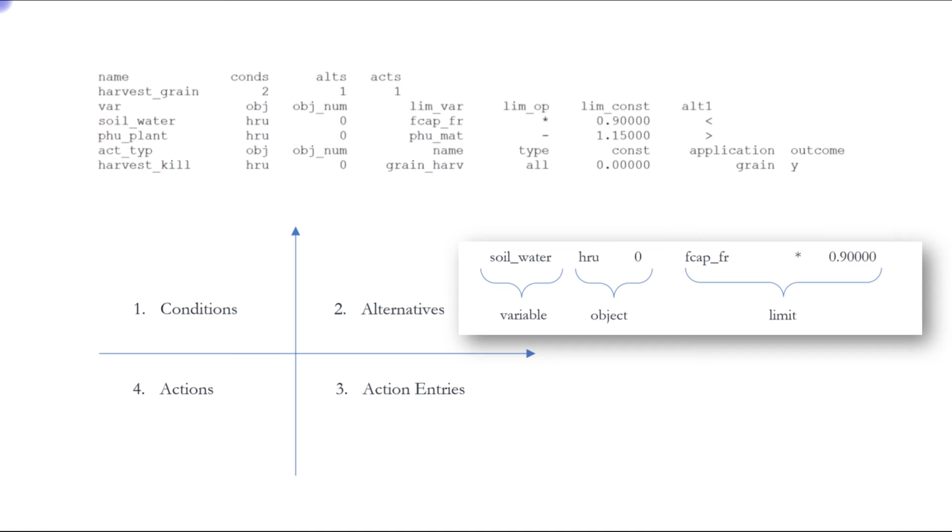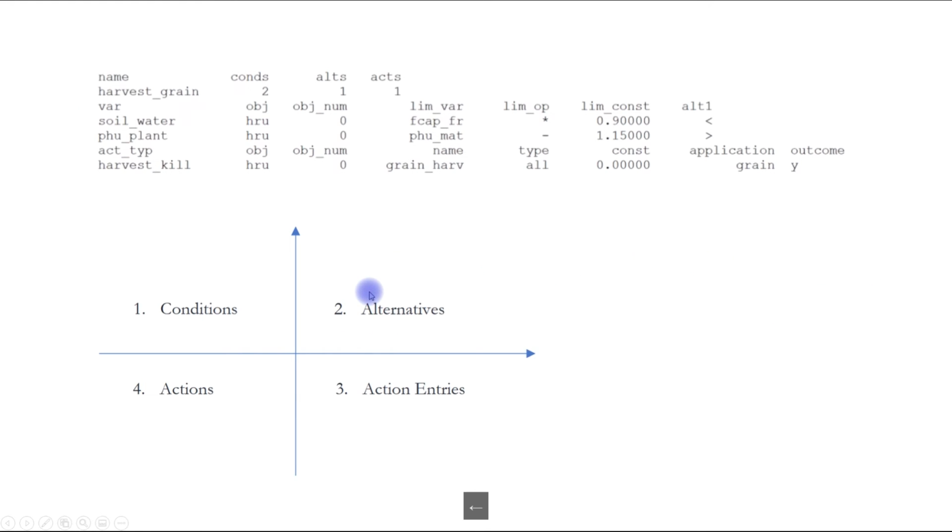But you see, this condition is not complete without alternatives. So quadrant 2 gives you the alternatives. This can be less than, more than, or equal to.